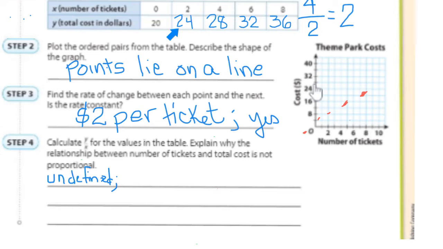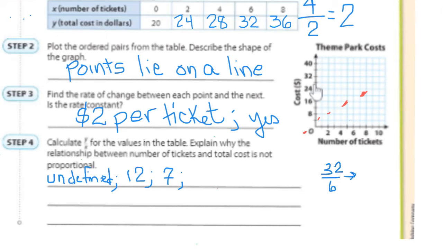Next we have 24 divided by 2, and that would give me 12. 28 divided by 4, that would be 7. 32 divided by 6.